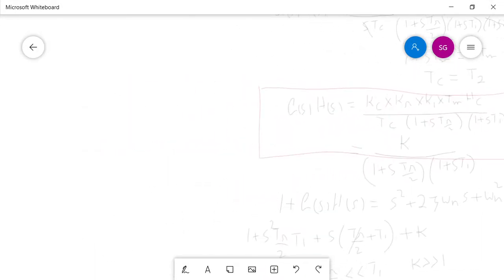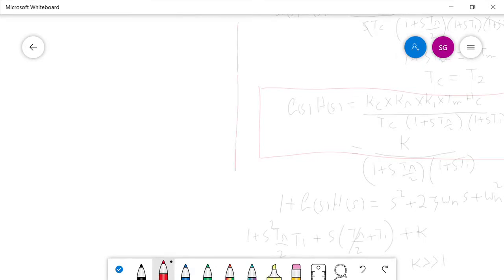We know that Ia upon Ia star will be equal to G(s) upon 1 plus G(s)H(s).